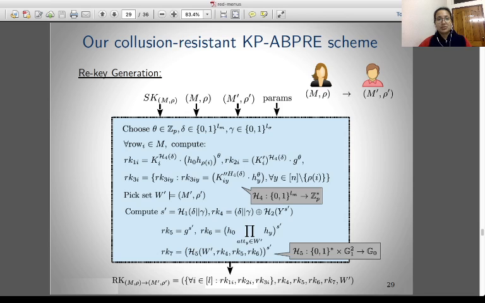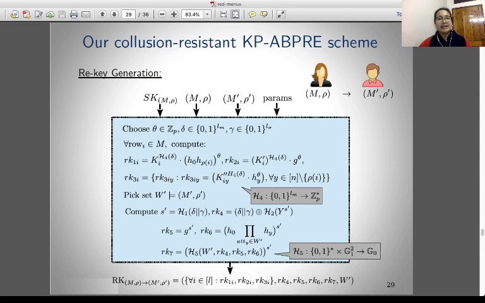So the intuition as to why our scheme is collusion resistant is over here. As you can see, the components in rekey 4, that is delta and gamma, are blinded with a random salt, which can only be recovered by the secret keys of a user satisfying the access structure M' rho'.